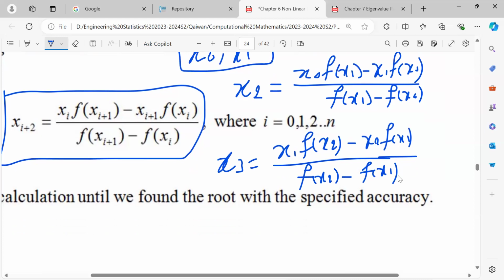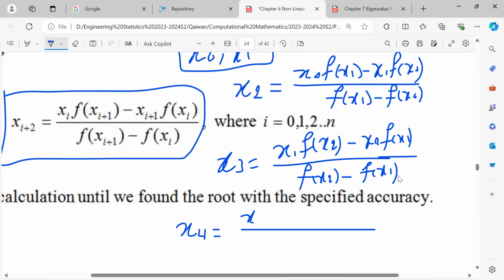And then we have x0, x1, x2, and x3. The next x that we'll find is x4. For finding x4, we use the last 2 values of x, which are x2 and x3. We use only x2 and x3 for finding x4.